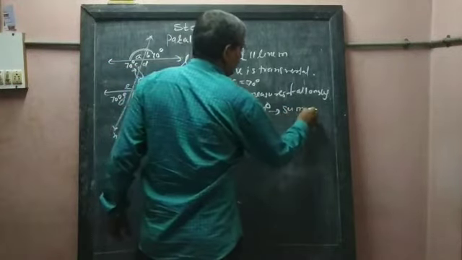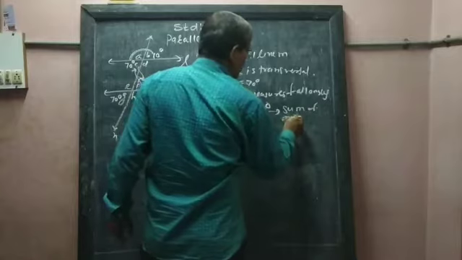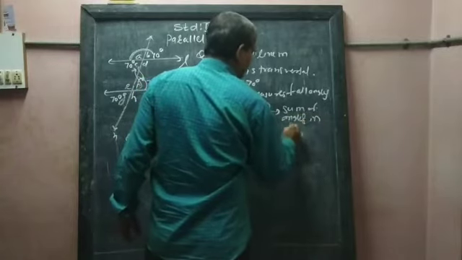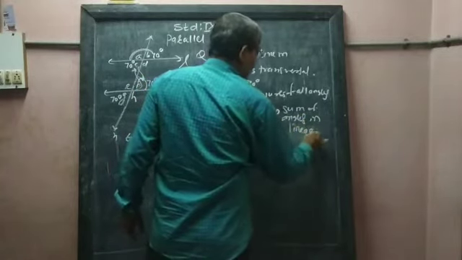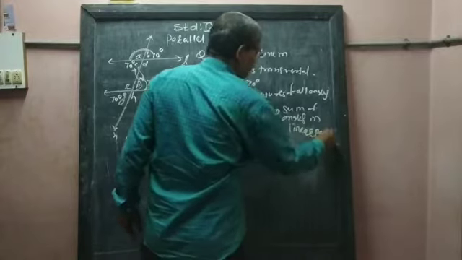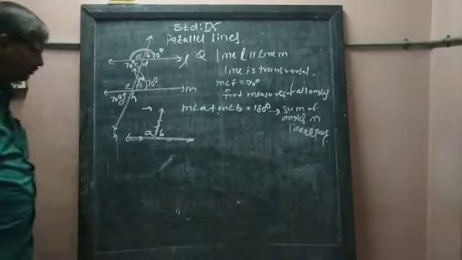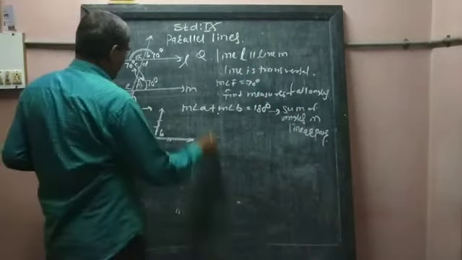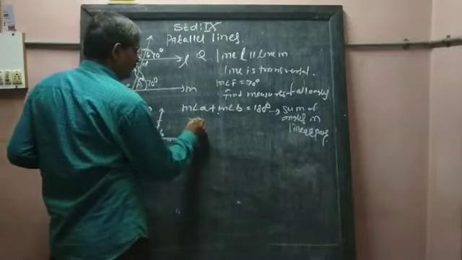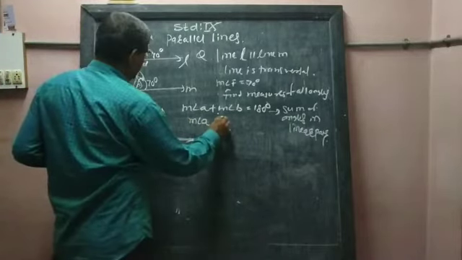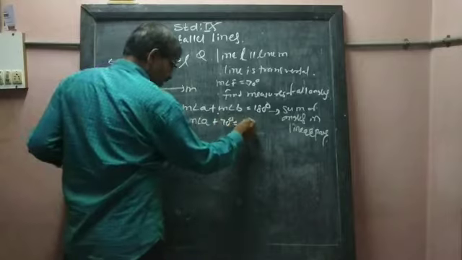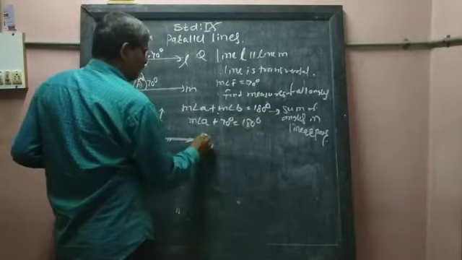Sum of angles in a linear pair. Okay. Then measure of angle A, we don't know, plus this is 70 degrees, is equal to 180 degrees.